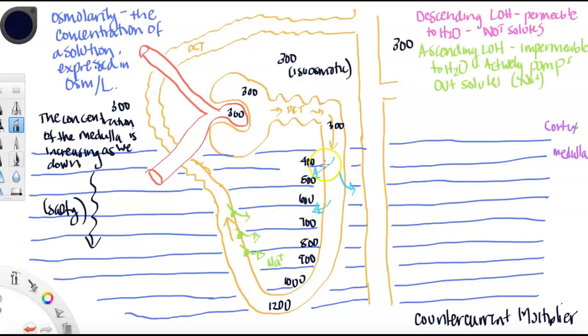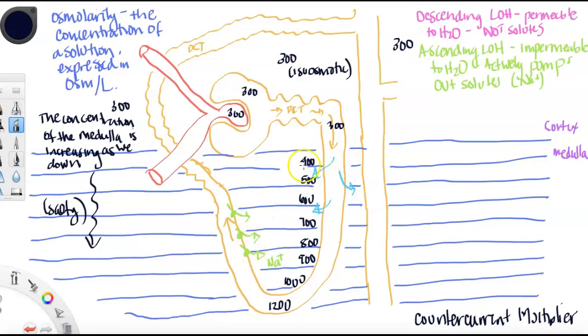Nothing's going to happen here. So the kidney pumps out solutes here, making sure there is a difference between the filtrate and the interstitial space of about 200 milliosmoles. So as the filtrate's coming down, water is coming out and it's becoming equal. Solutes are being pumped out to get it back unequal, to make sure that the concentration of the interstitial space is higher than what it is in the filtrate.